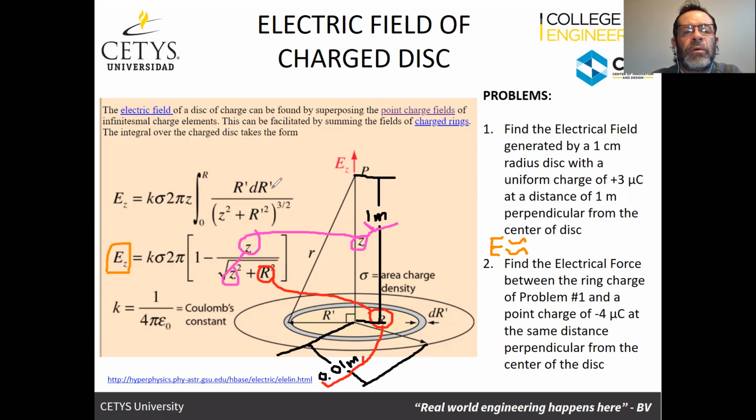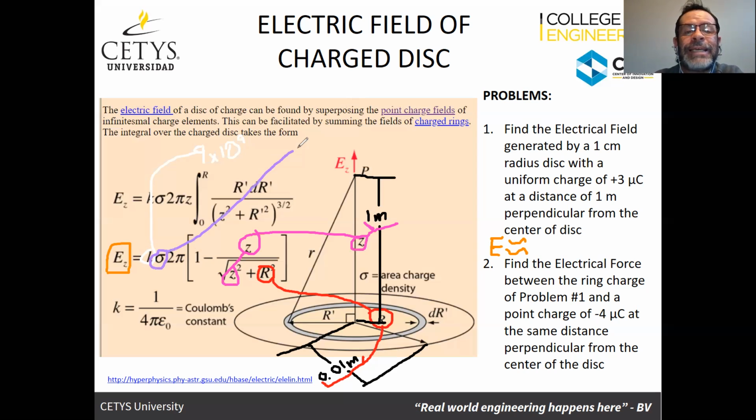We already know K, which is the electrical constant that we always work with. K is equal to 9 times 10 to the 9. The last thing we need to find here is sigma. What does sigma represent? Again, it represents the density, how much charge we have in the object that we're analyzing.